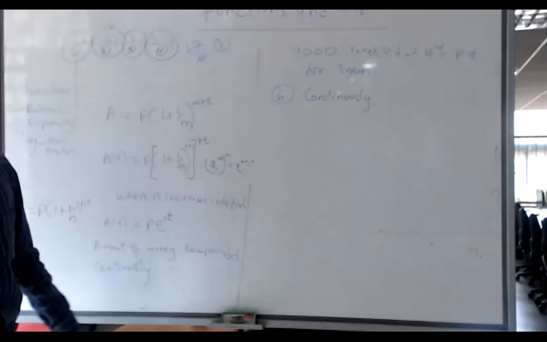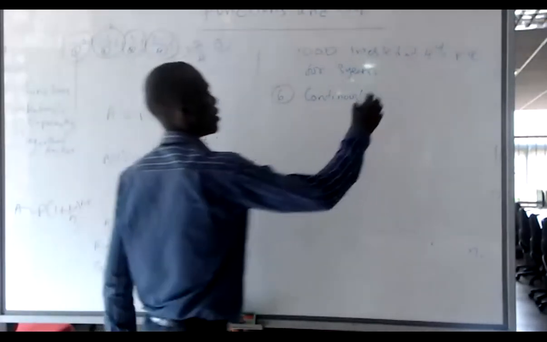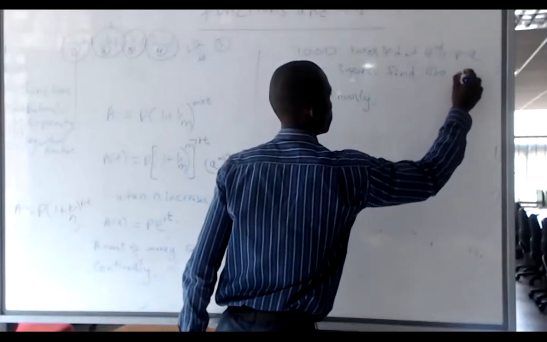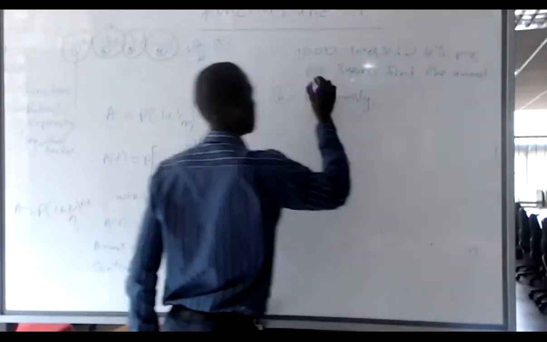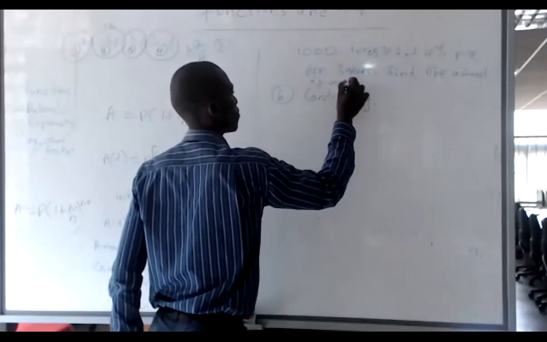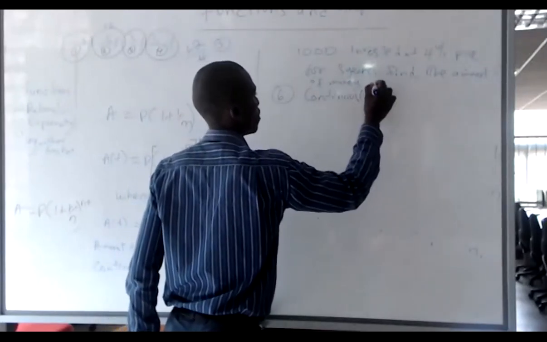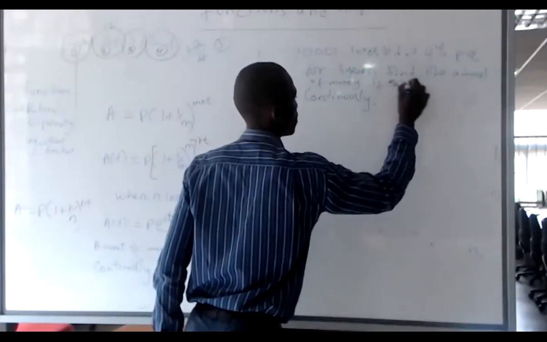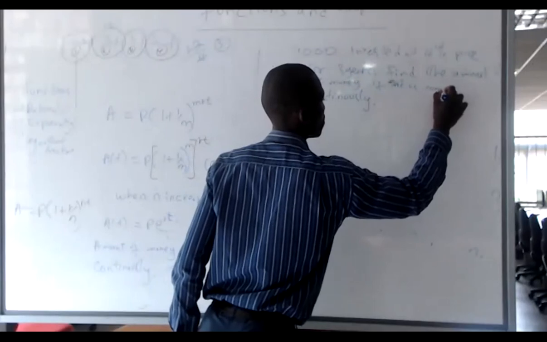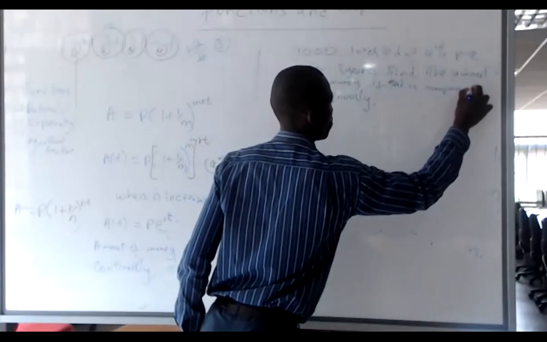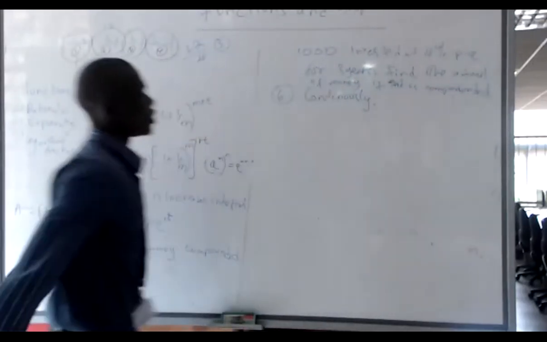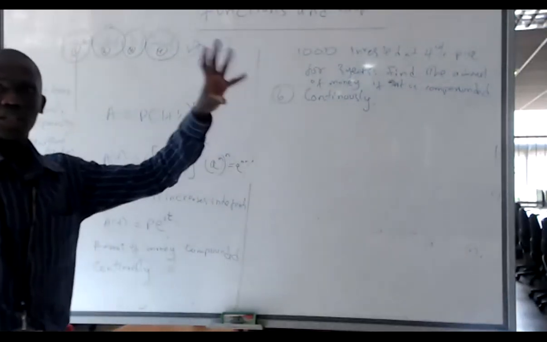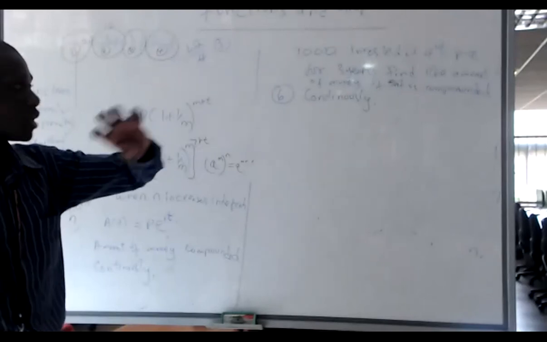Find the amount of money if it is compounded continuously. So we have done 5 cases: daily, annually, semi-annually, quarterly, monthly.